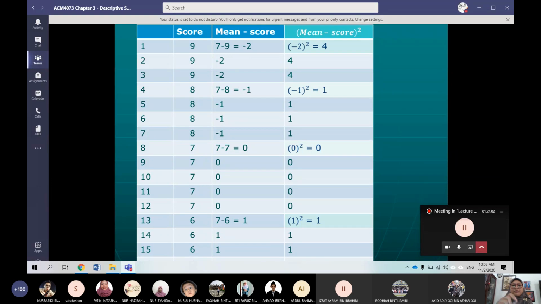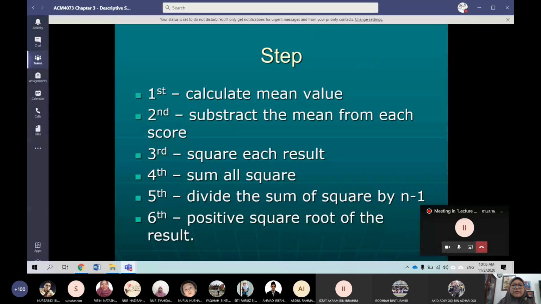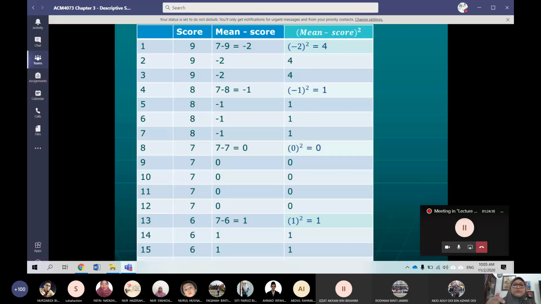You have to take away 7 from every score. Again, what is the instruction? Subtract the mean from each score, so the mean should be at the beginning. 7 take away 9 is -2, so maintain the negative there.